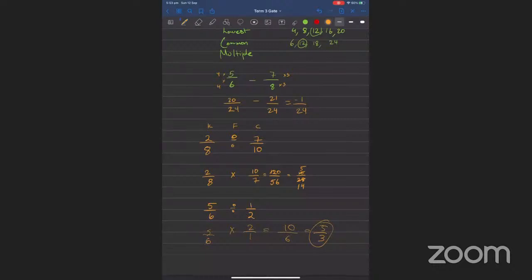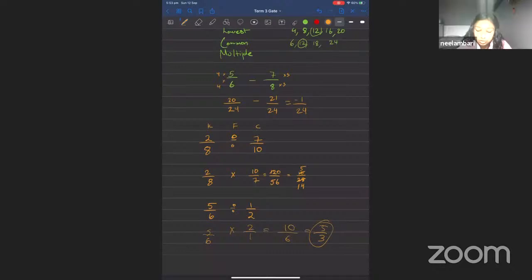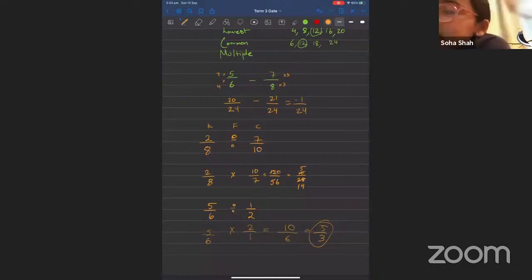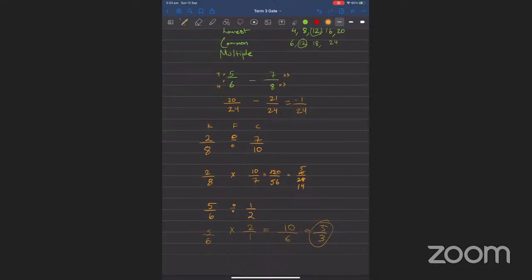Miss Nilambari: In the mock exam, how many minutes do we get? So 25 minutes per section. Wait, did you say 25 or 45? 25, Miss Shah.